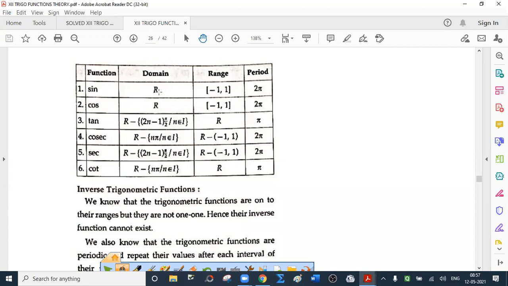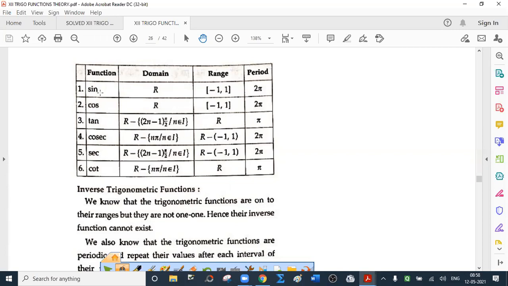So the domain is the set of real numbers, which means the sine ratio of any real angle is defined. What is the range? Range is the set of all values of sin x. The maximum value of sin x is 1, the minimum value is -1. So we say the range is the closed interval [-1, 1].